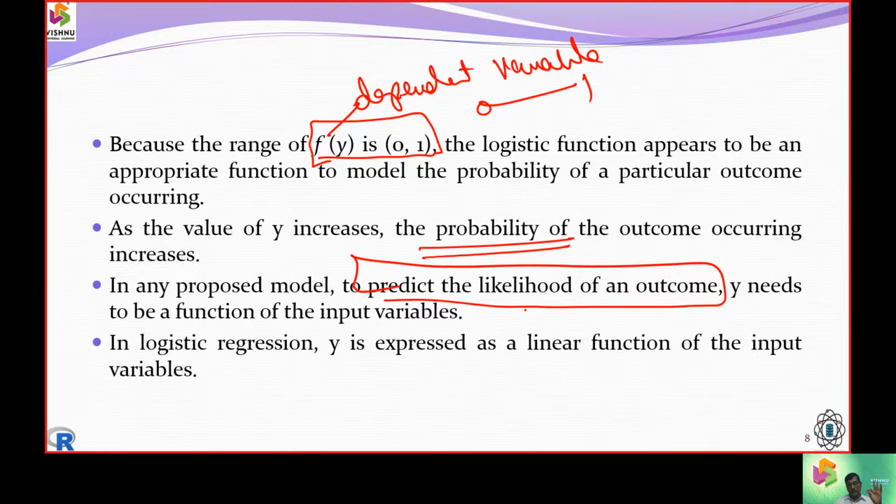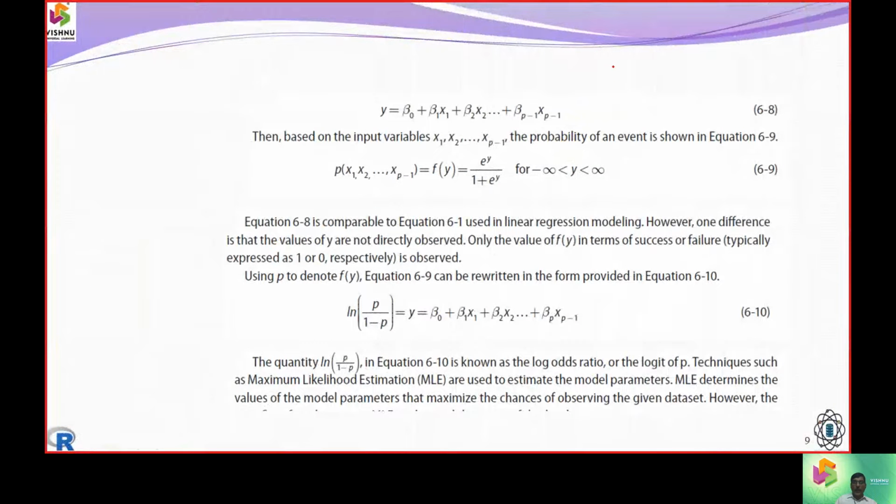So this was the major concern of the dependent variable. It is going to predict the likelihood of the output. As usual, the function will work with an equation called the linear model itself.